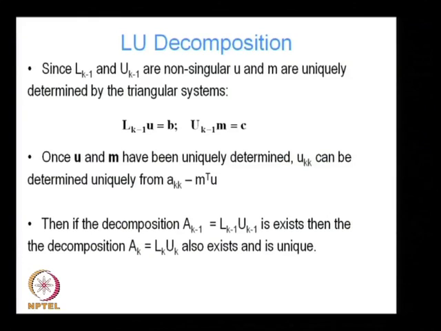So, since the LU decomposition exists for k equal to 1, and we have shown that if it exists for k minus 1, it also exists for k, it exists for k equal to 2. Since it exists for k equal to 2, it also exists for k equal to 3, and so on and so forth. So, if the condition that determinant Ak is greater than 0 is satisfied, then the LU decomposition exists for any matrix A of size n by n.